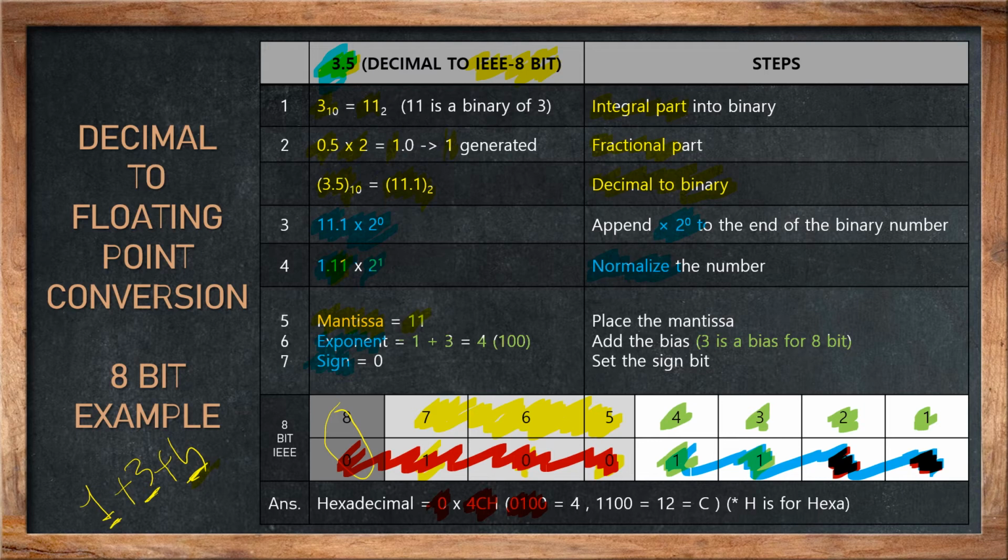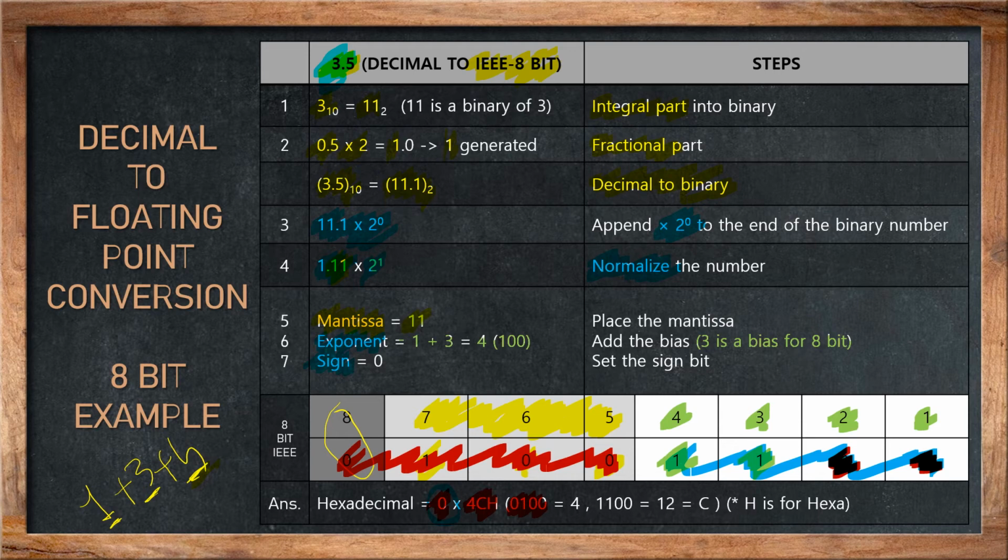We know to convert any binary into hexa, we make a group of 4 bits. So here we have made groups of 4 bits. The first is for the 4, the second for the 12, and this 0 indicates the sign of the number. So this is how you can convert your decimal number into the IEEE format. This is for the 8-bit.